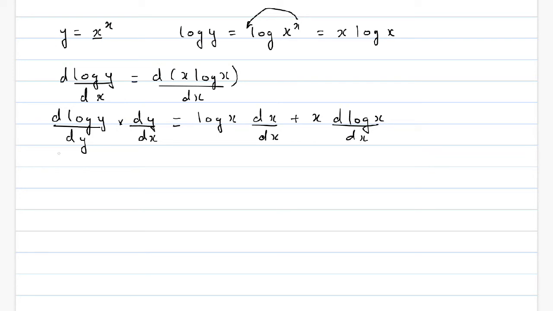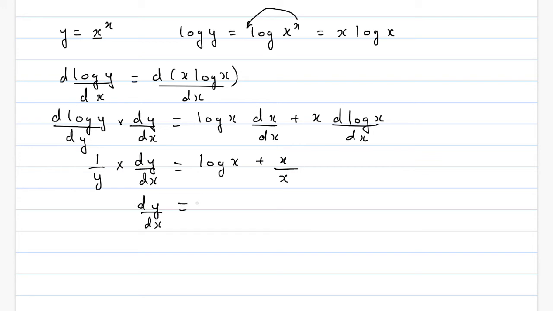Now on the left hand side, differentiation of log y with respect to y should give me 1 by y into dy by dx, and here we'll get log x plus x upon x, or we'll just get 1. Now we need to find only dy by dx.